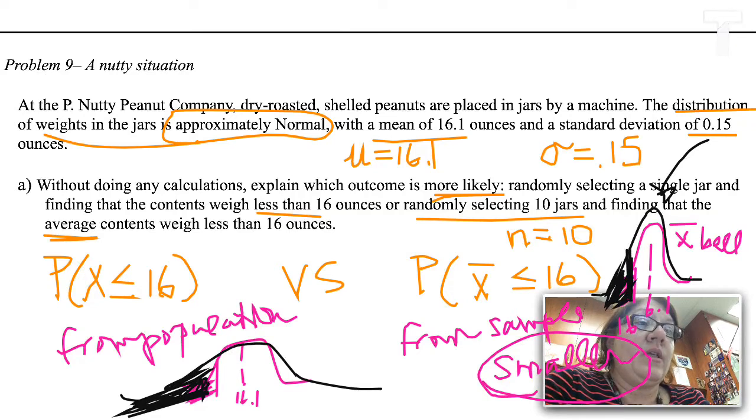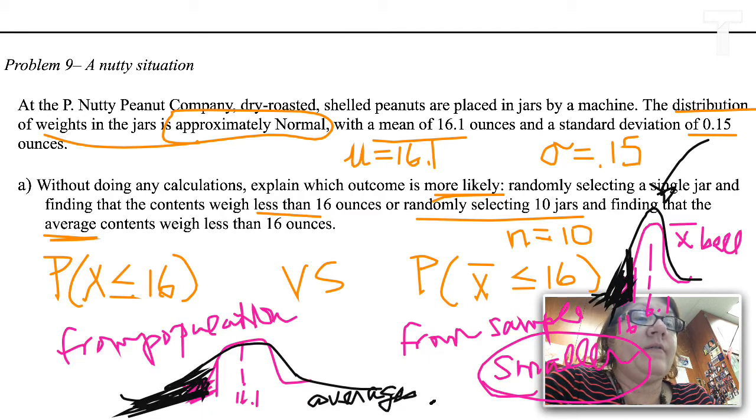So out here in the tail, we'll actually have a smaller area. And the other issue behind that is that averages are less variable.